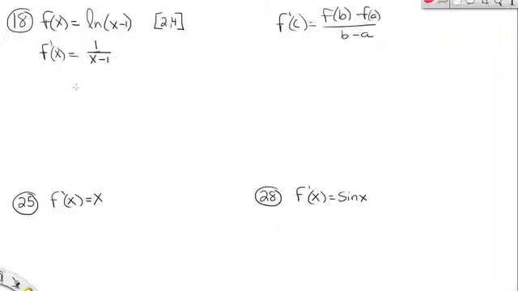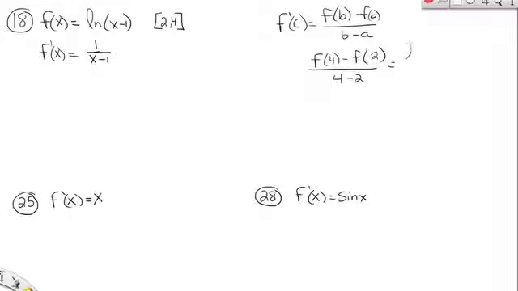Now part B says find the value of c where the instantaneous rate of change is equal to the average rate of change. So first I need to find the average rate of change. I've got f of 4 minus f of 2 over 4 minus 2.